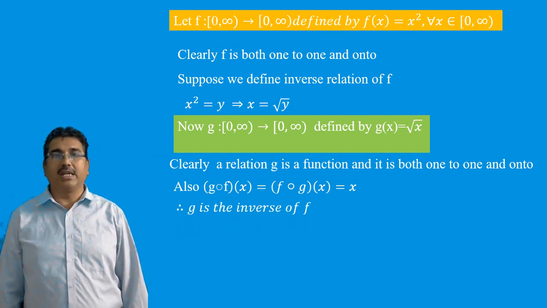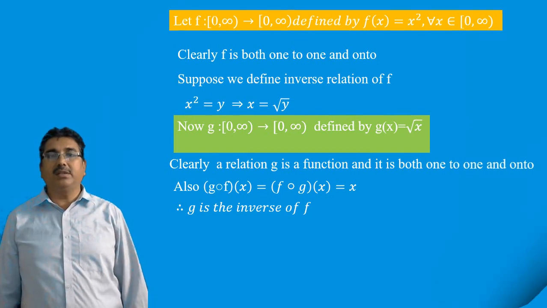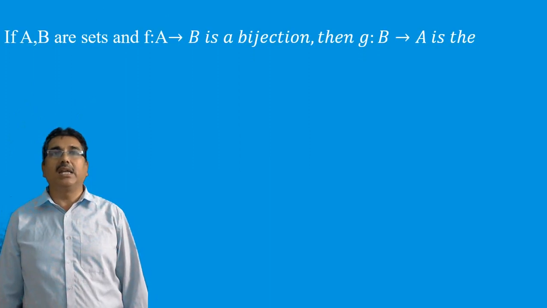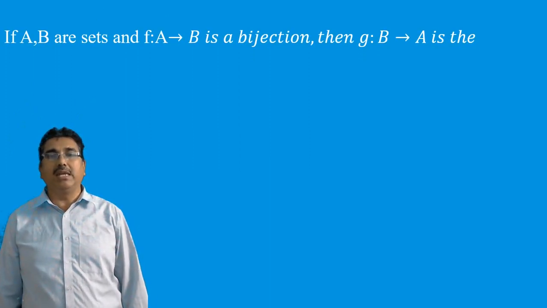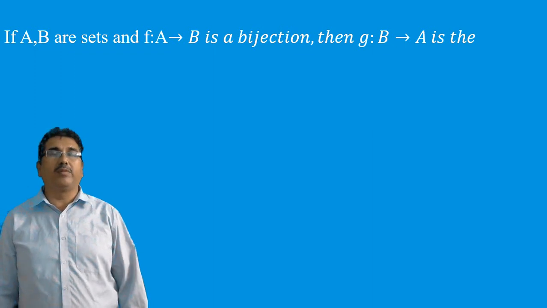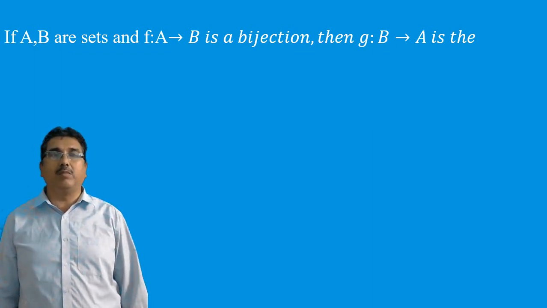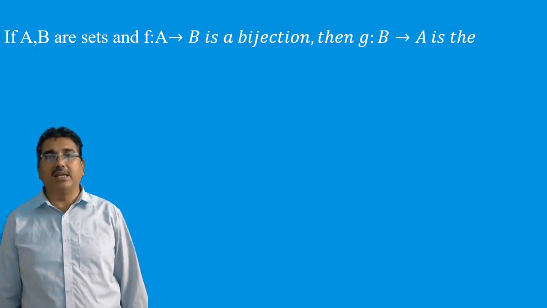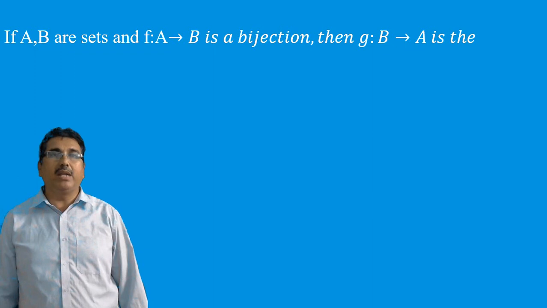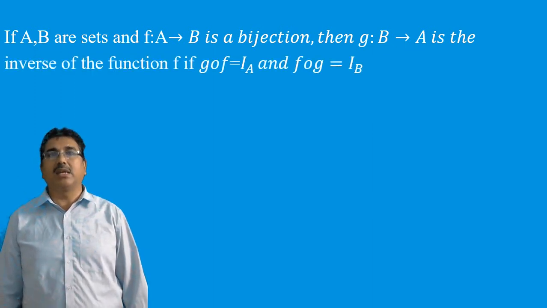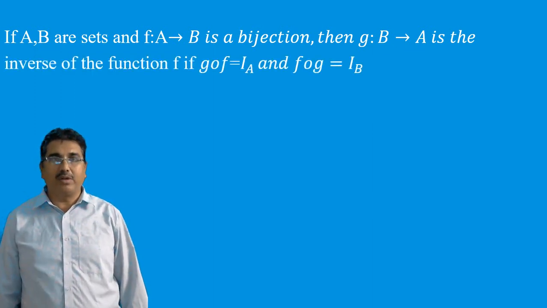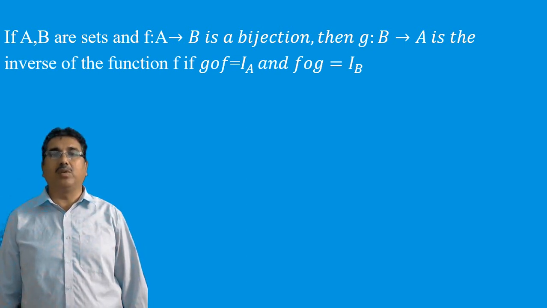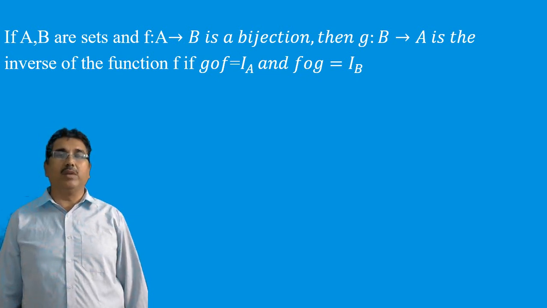So, if A and B are sets and f mapping from A to B is a bijection, from the above examples, then g mapping from B to A is the inverse of the function f if g circle f equal to I_A and f circle g is equal to I_B.